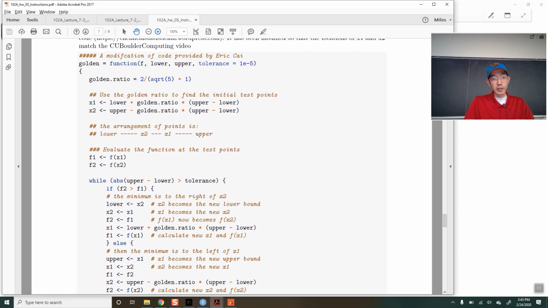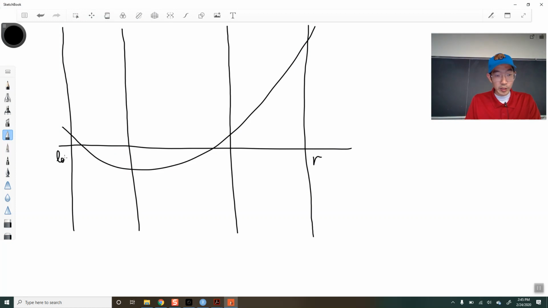One's called the lower and one is the upper, so this will be our lower and this will be our upper bound. And then here, I'm going to call this x1 and this x2.